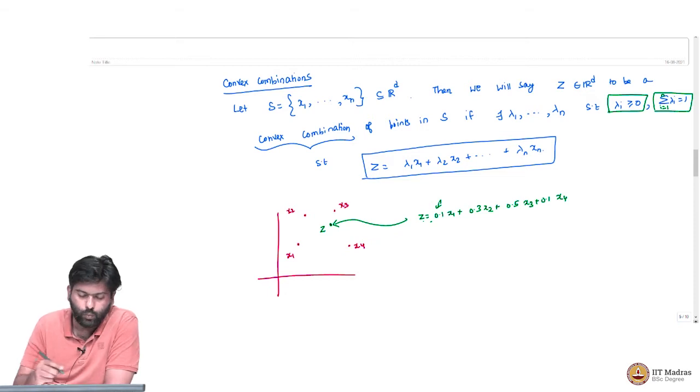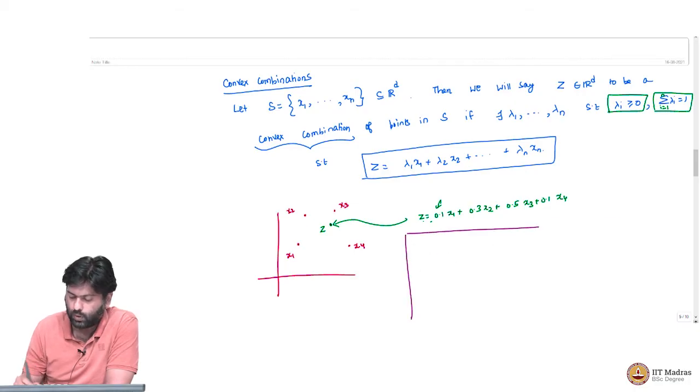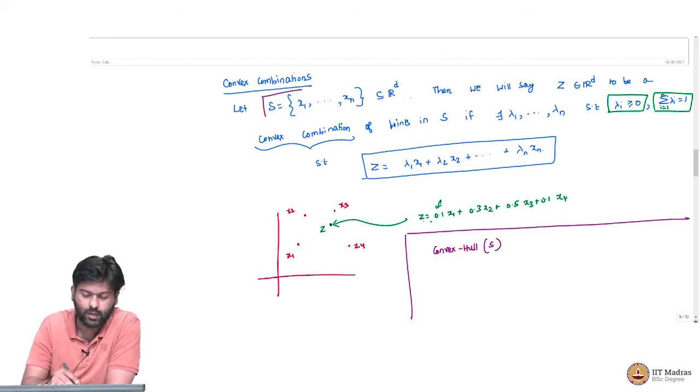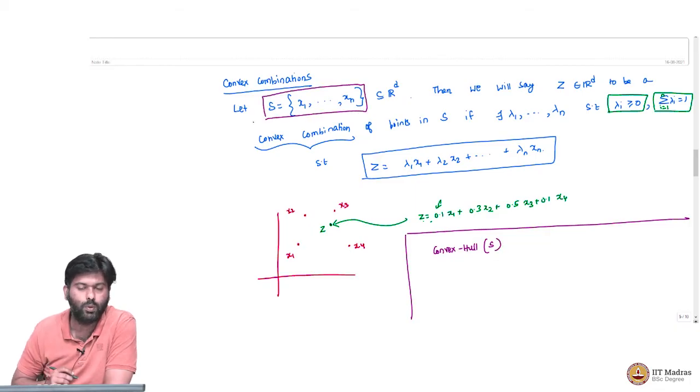Now, why is this useful? Well, this is useful because of our second definition, which is what we call the convex hull of a set of points S, right. So, again think of S as simply a bunch of points x1 to xn.